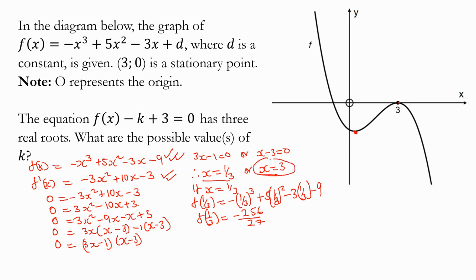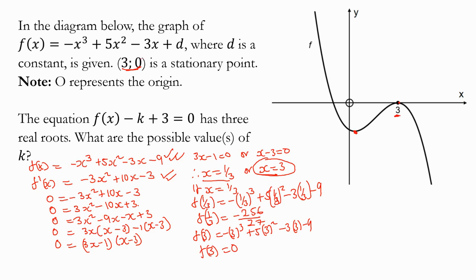This is confirming that we are right, because you see, this is the x value there, which is 3. We are already given that y should be 0. So if you substitute f of 3, which is negative 3 cubed plus 5 times 3 squared minus 3 times 3 minus 9, it must give you 0, because it's given there.